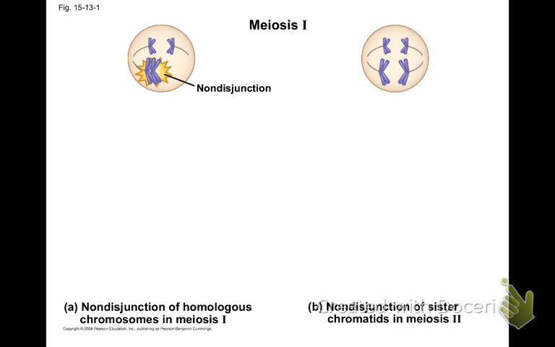So in this case, meiosis 1, you would have the separation during anaphase 1, wherein there is non-disjunction, meaning the homologous chromosomes did not get cleaved, or the synaptonemal complex which was holding these together did not cleave properly.